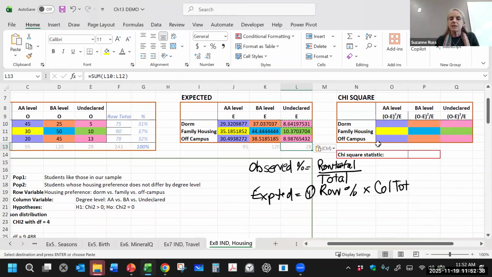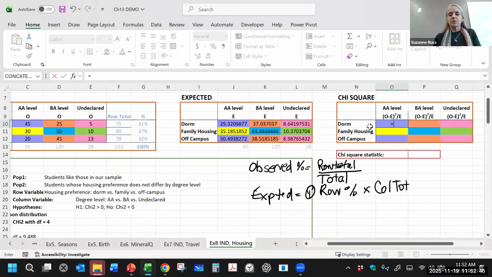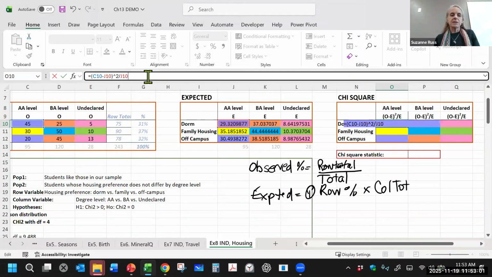Now we can just go ahead and do this big formula, and we should be able to copy and paste the whole thing in because there are no static cells. So we're going to just look above and copy it in. We can use the colors for reference: O minus E squared divided by E. You can see the formula up here.